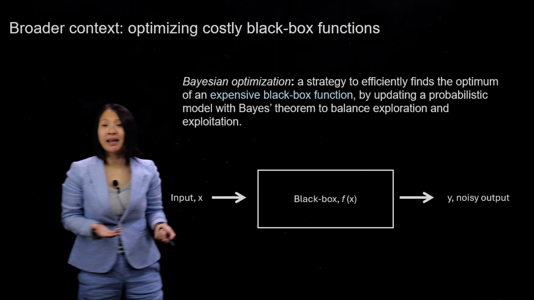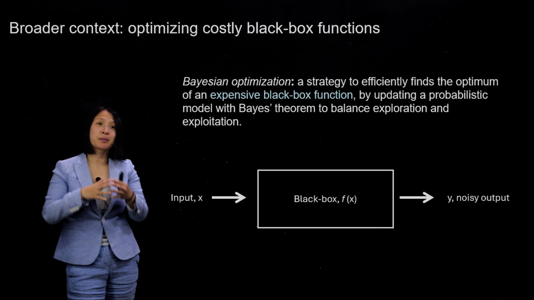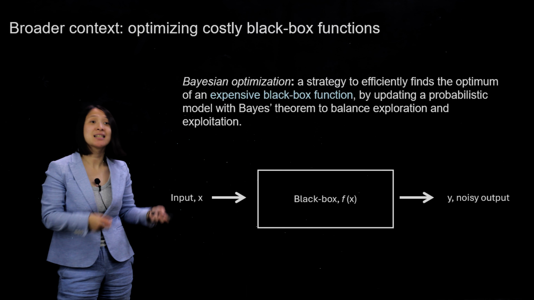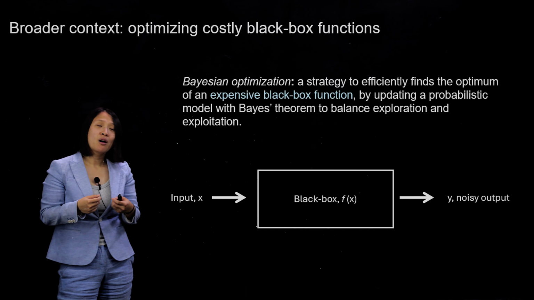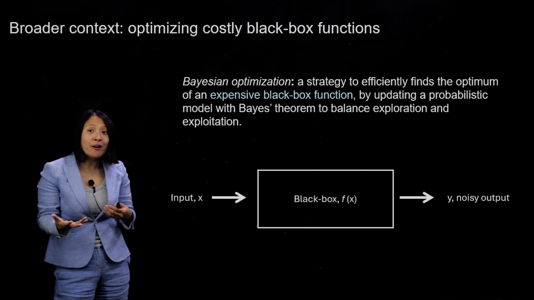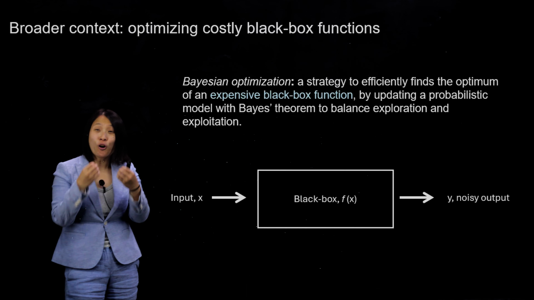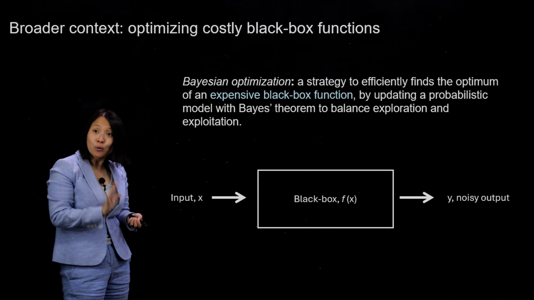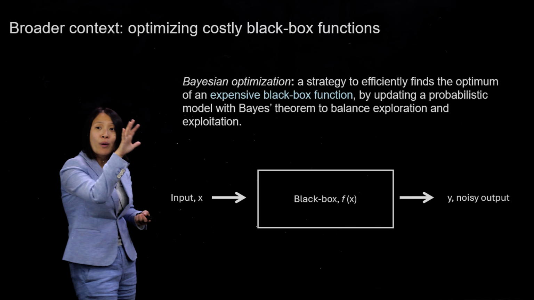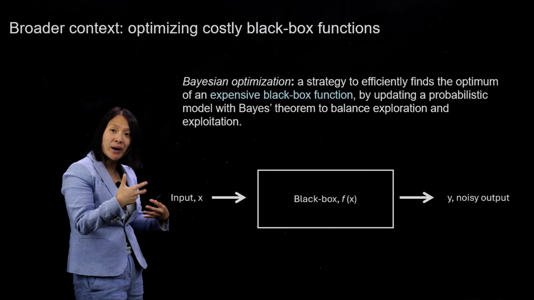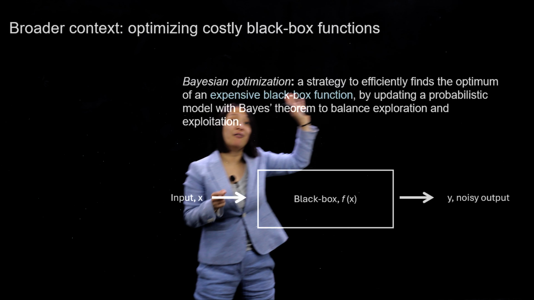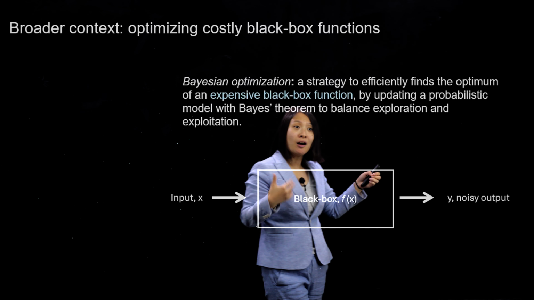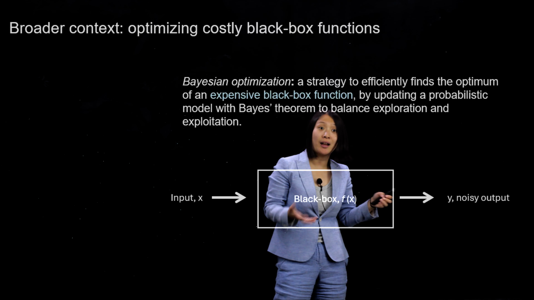So now taking one step back and considering the broader context of using data-driven optimization techniques such as Bayesian optimization, Bayesian optimization is very powerful in optimizing a costly black box function. Often in real-world engineering challenges, we have some input parameters we're interested in tuning, and we have our output, and it may be noisy, and maybe we don't have many observables because it's expensive to run a lot of experiments.